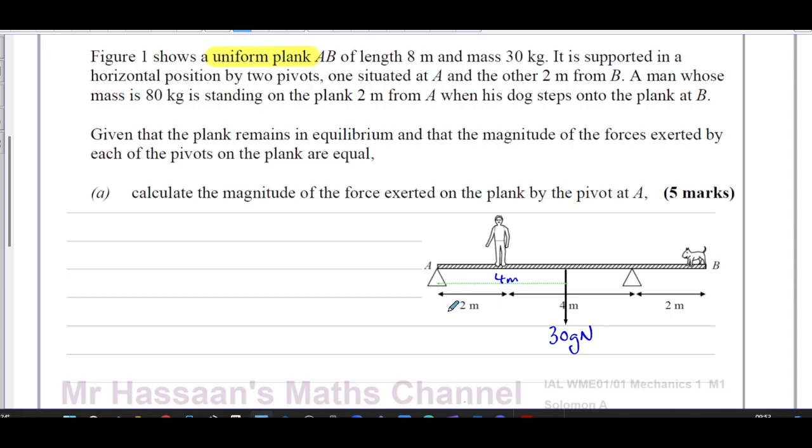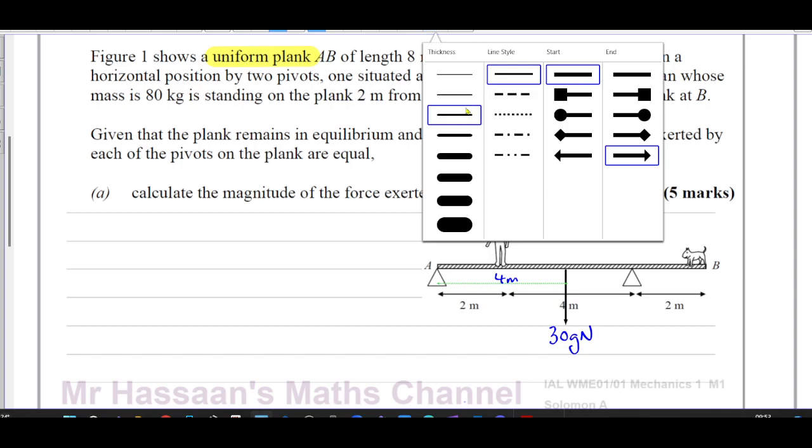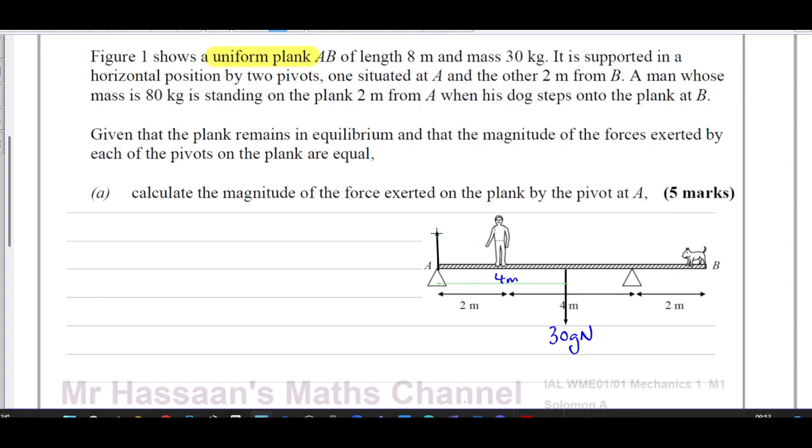And we know that the plank remains in equilibrium and that the magnitude of the forces exerted by each of the pivots are equal. So you have 2 forces acting at A and at C, which are equal, which are the forces acting on the plank by the pivot. We're looking at the forces acting on the plank here.